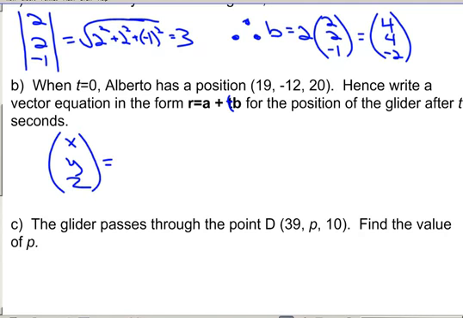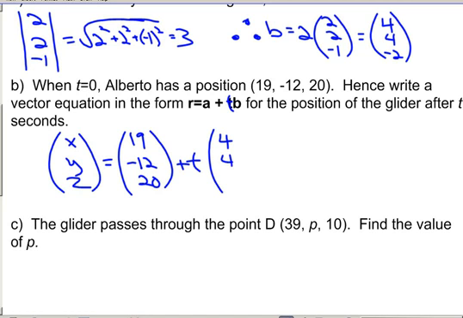He starts off at the initial point, 19, negative 12, 20. So that's going to be the first vector that I write down, plus t times his velocity vector, which we just found was 4, 4, negative 2. Okay. So this is initial point, and this is velocity vector.